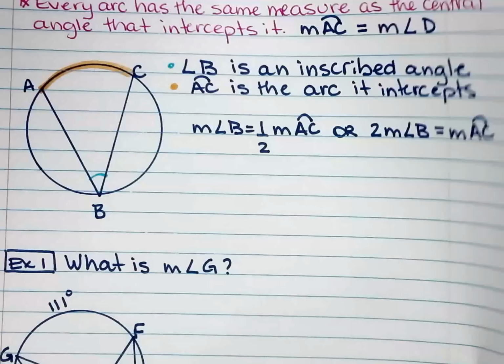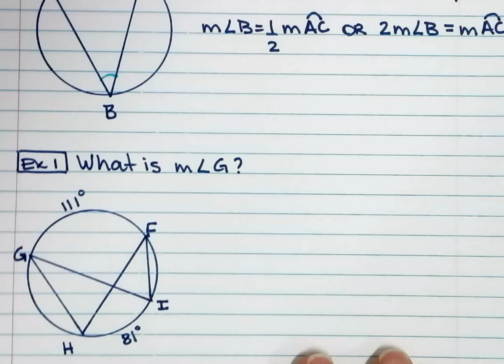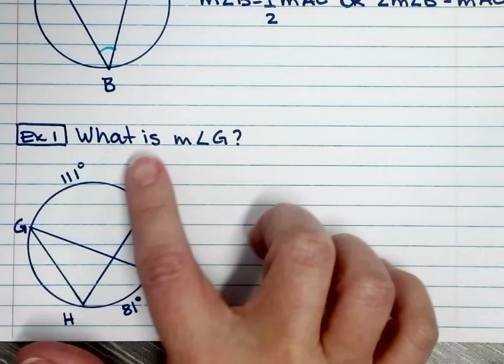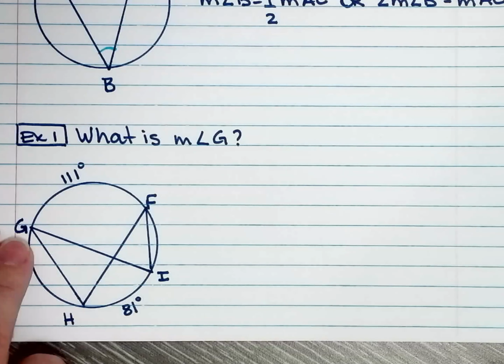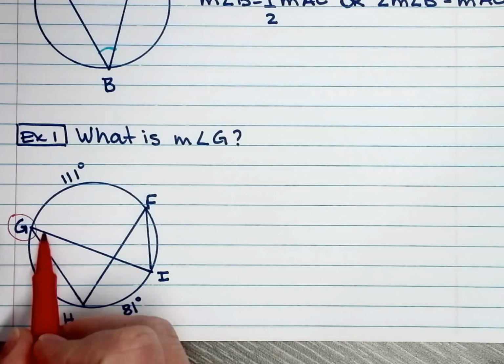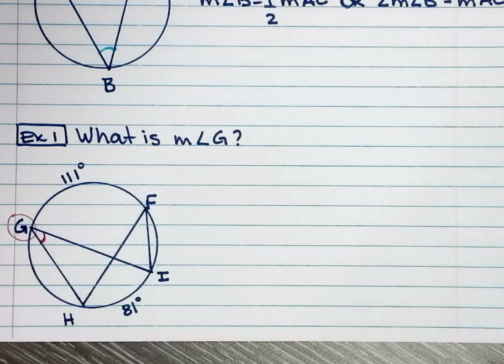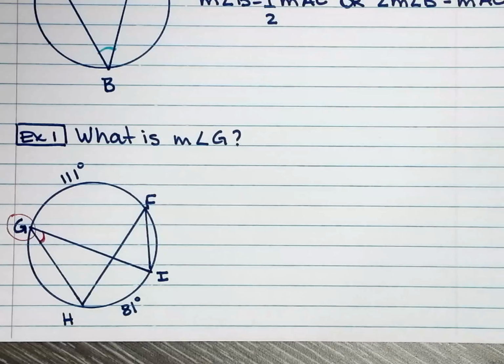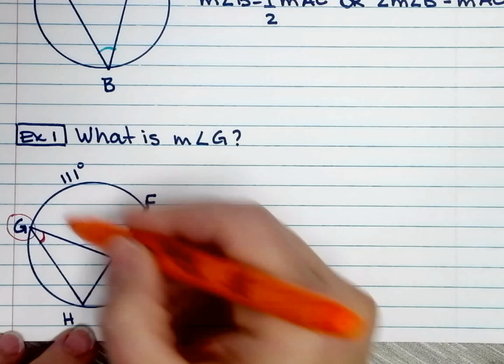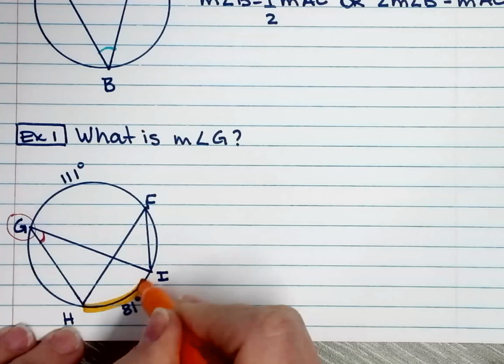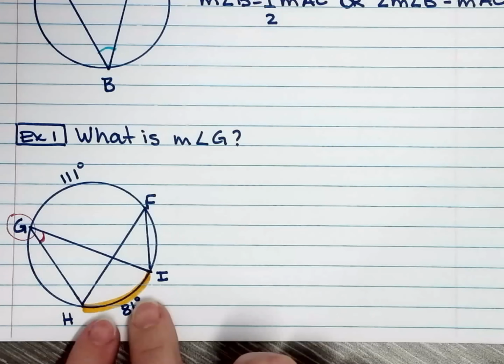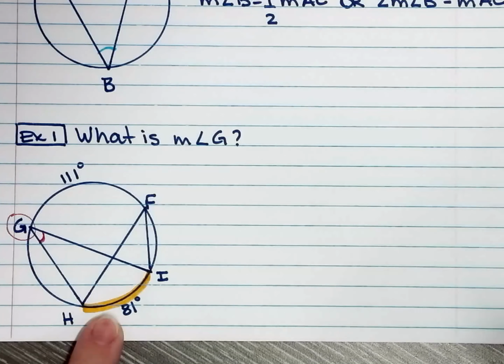Okay, we're going to work on a couple examples. We're looking for the measure of angle G right there. So if I have angle G right here, the arc that angle G intercepts is right there.